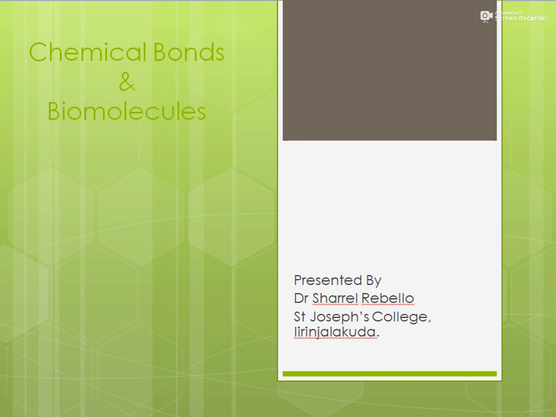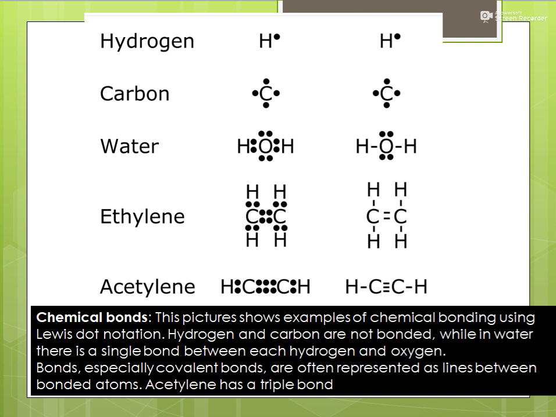As I had previously explained to you, a bond is any type of force which will hold the atoms together. Atoms always try to maintain an octet configuration, where the outermost shell obtains 8 electrons.